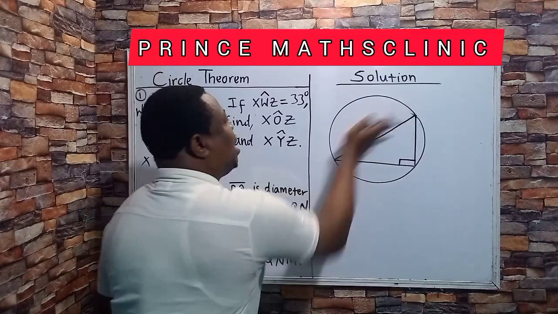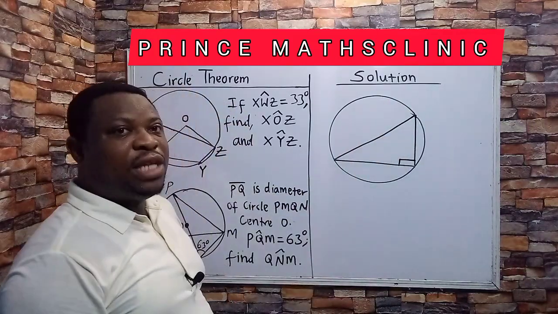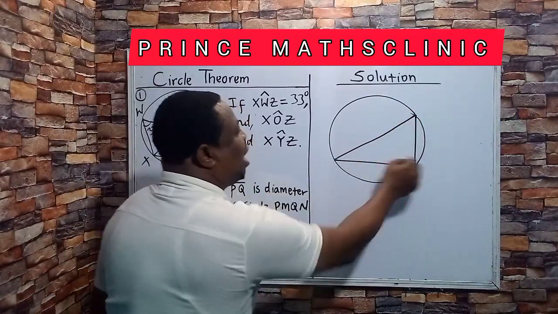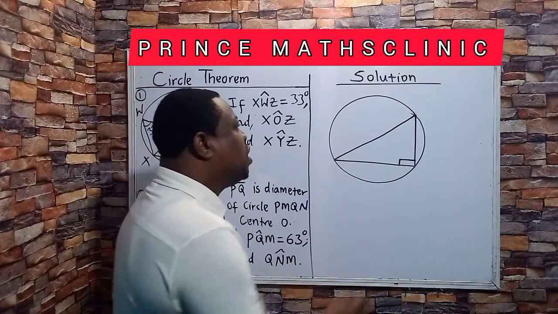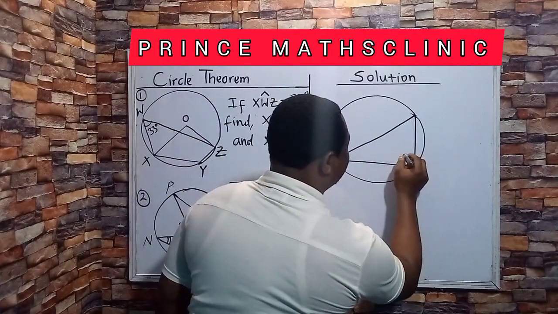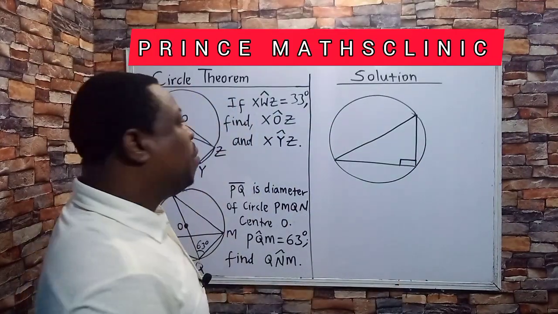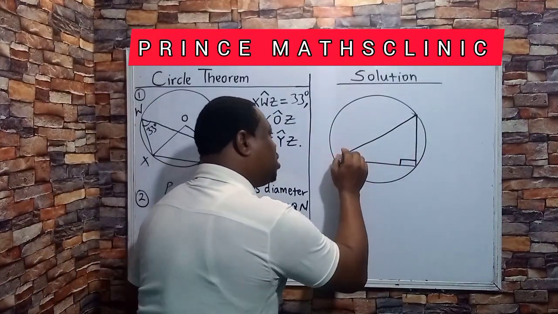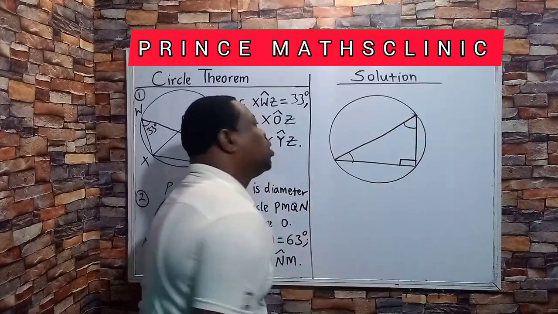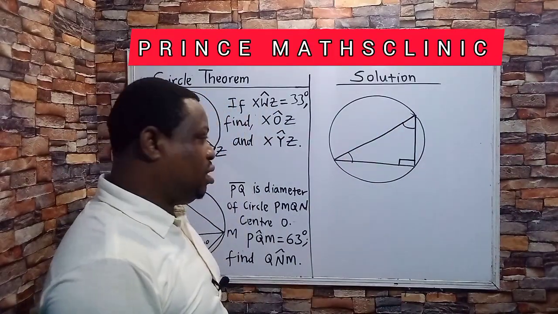Any triangle here occupies a semicircle because it goes through the diameter, right? Therefore, angle in a semicircle gives us 90 degrees. This angle here is 90 degrees. Therefore, by the time you add this angle plus this angle plus this angle, it must give you 180 degrees.